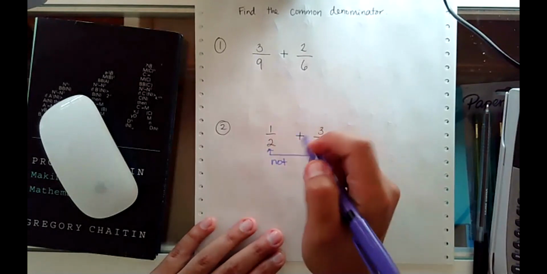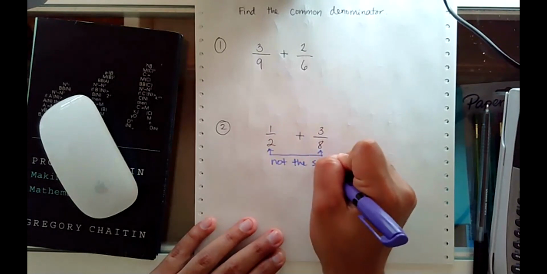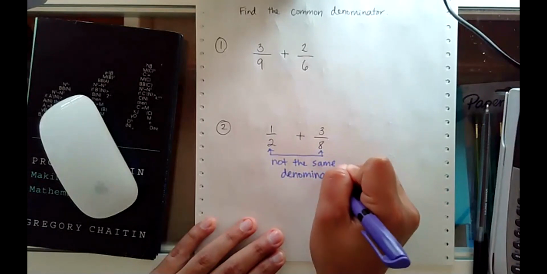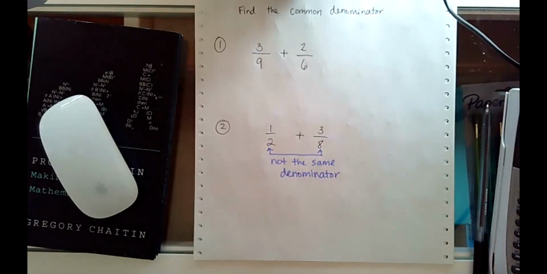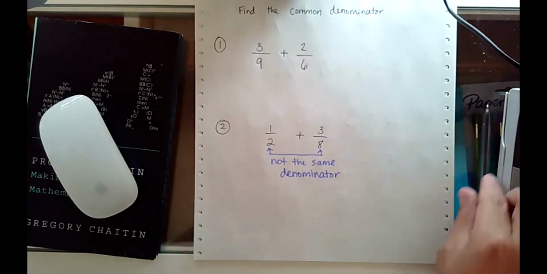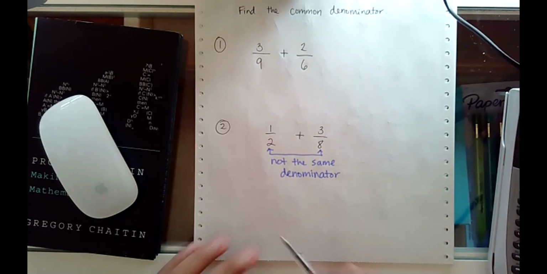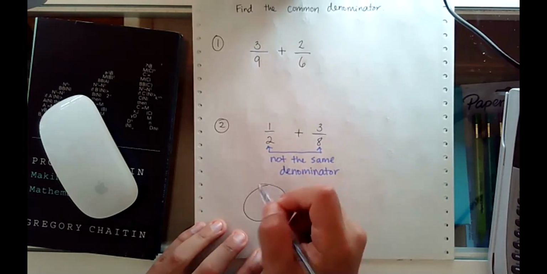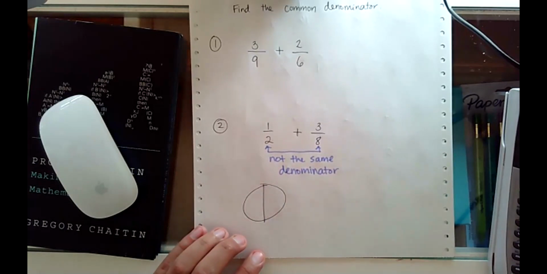But anyway, these are not the same denominator. Okay. And the way you could think about this is that we need to get a common denominator, because imagine that we're in the world of leftover pizza parties. Okay. We have half of a pizza over here.